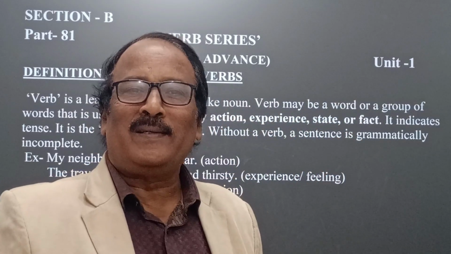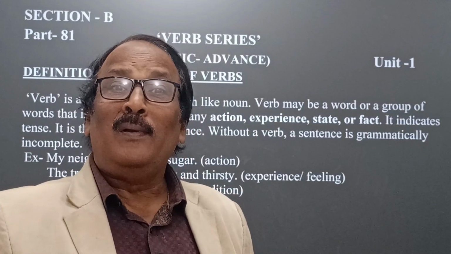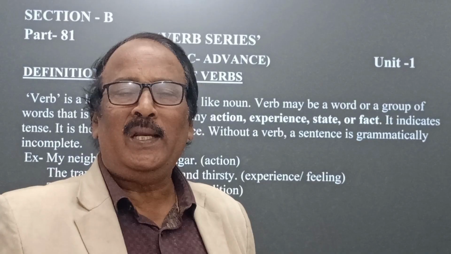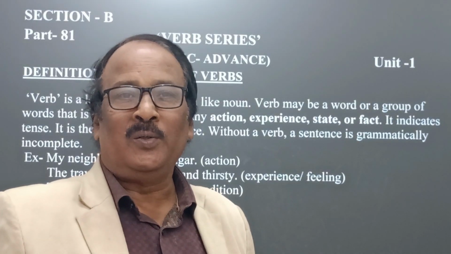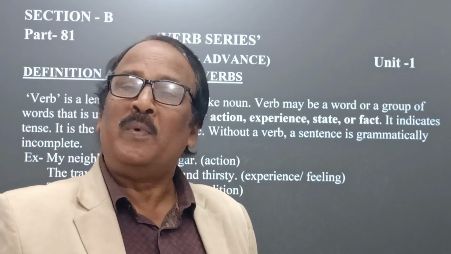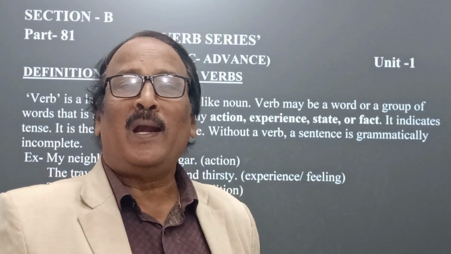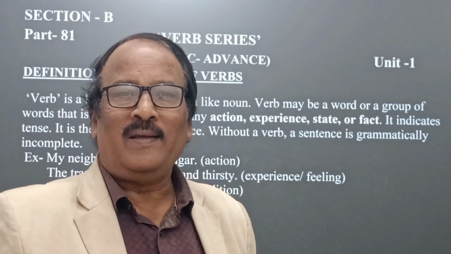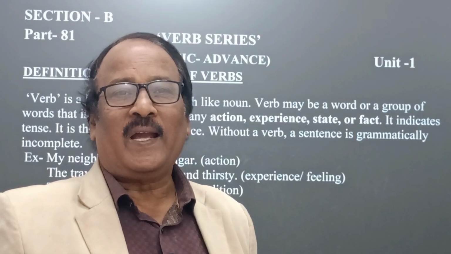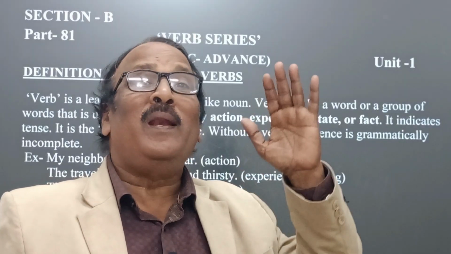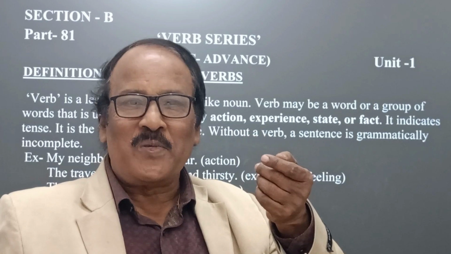As we have already discussed, out of 8 parts of speech, noun plays a very important role because we live in the world of nouns and use nouns in our spoken and written English frequently. Next to noun, the second most important role is played by verb. Whenever a child comes, usually a noun comes.